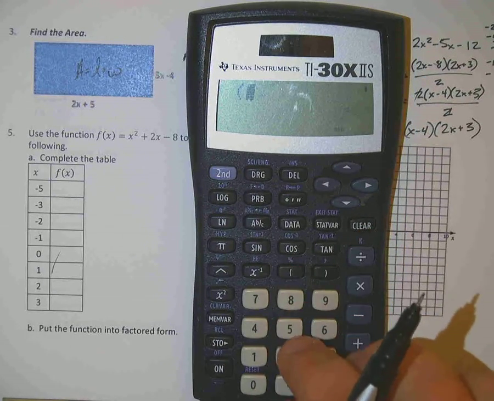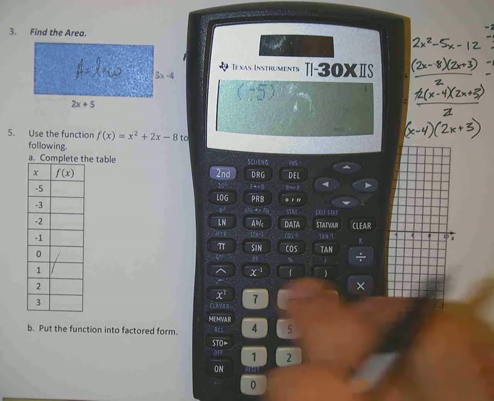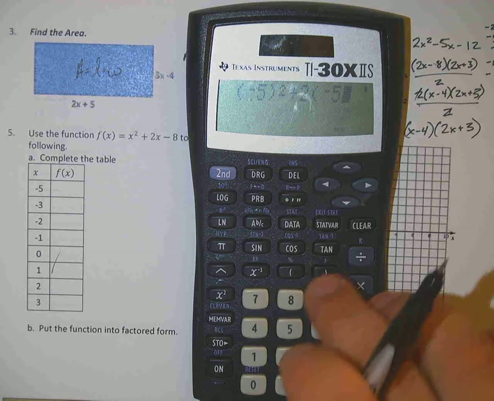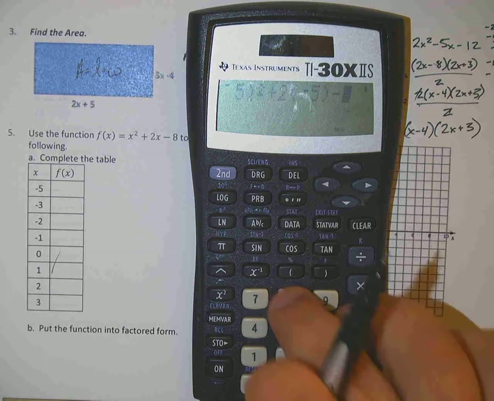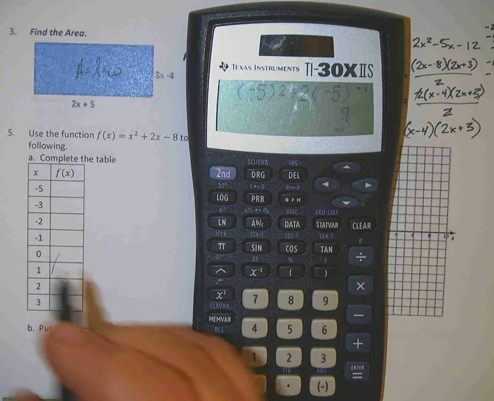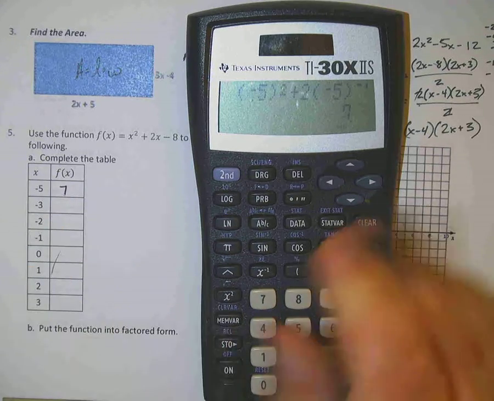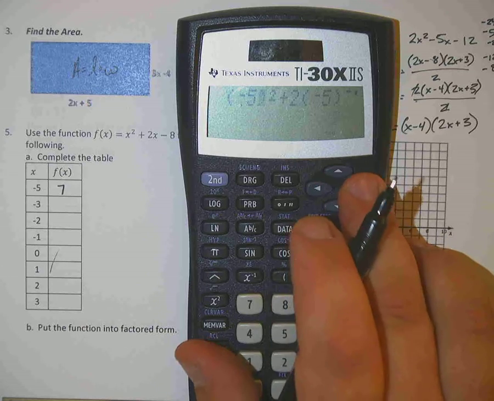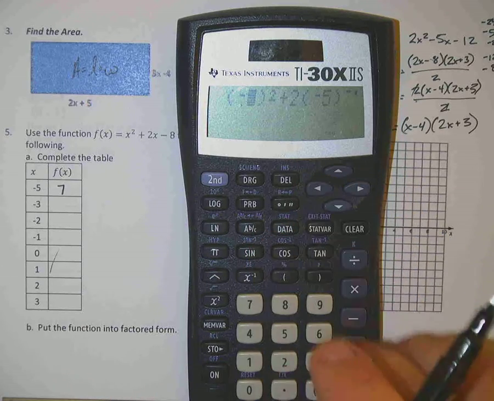So let's say we have x squared plus 2 times x minus 8. The first x we have is negative 5. So all I have to do there is hit enter, and it tells me my answer is 7. The beauty of these calculators is I can use the up arrow to go back into that previous line and edit the numbers.